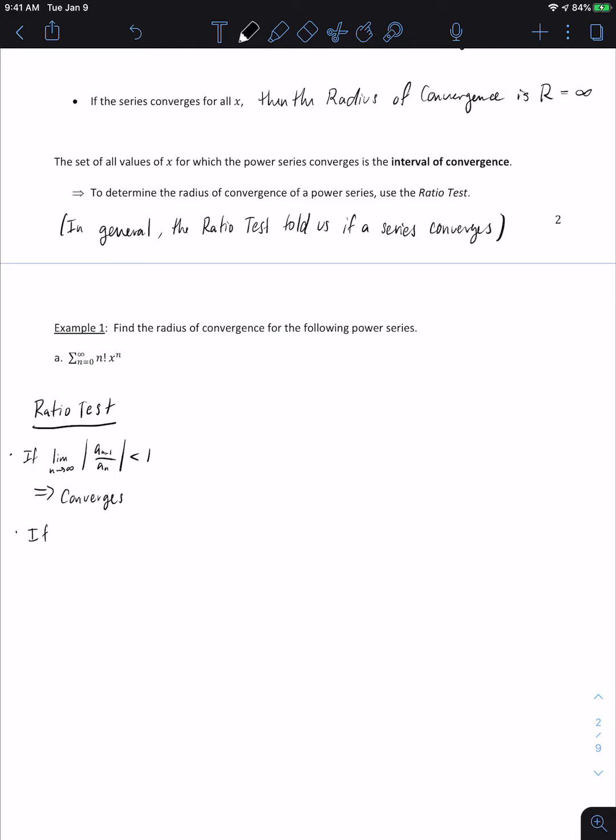If the limit as n goes to infinity of a sub n plus 1 over a sub n is greater than 1, then we know it diverges. So that's the idea we're going to use in this analysis of figuring out the radius of convergence of a power series.